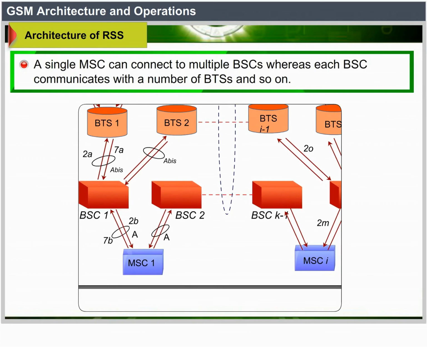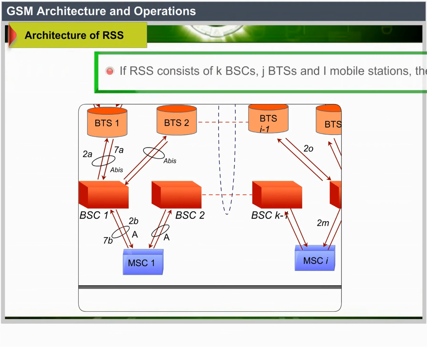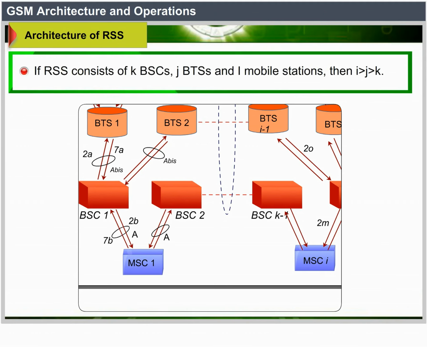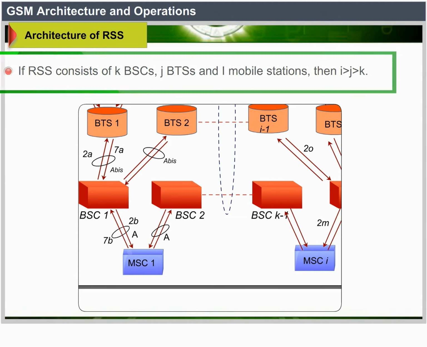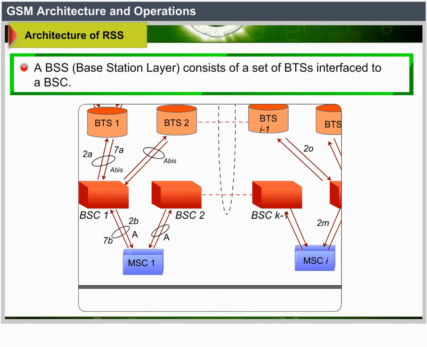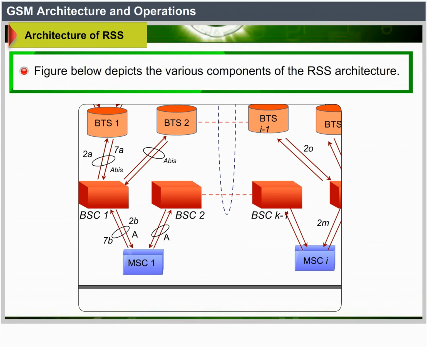Each BSC communicates with a number of BTSs and so on. If RSS consists of K BSCs, J BTSs and I mobile stations, then I is greater than J is greater than K. A BSS, base station system, consists of a set of BTSs interfaced to a BSC. The figure below depicts the various components of the RSS architecture.